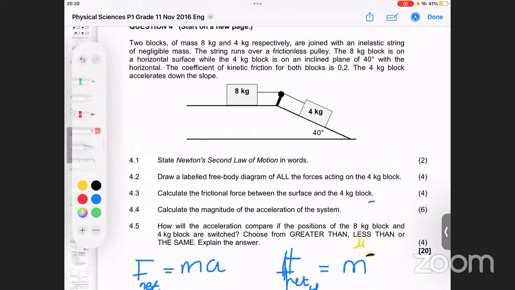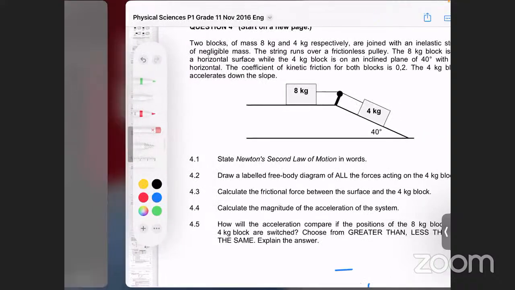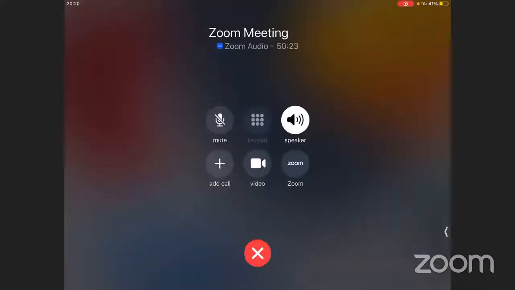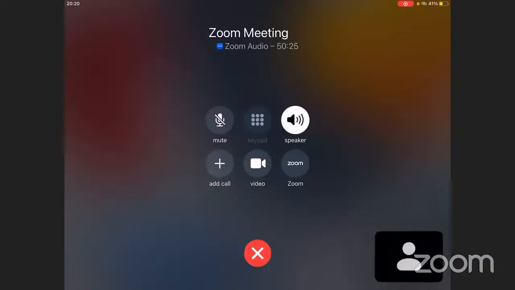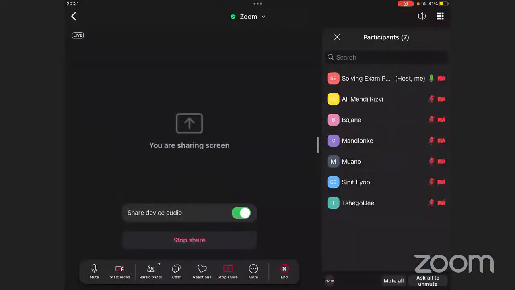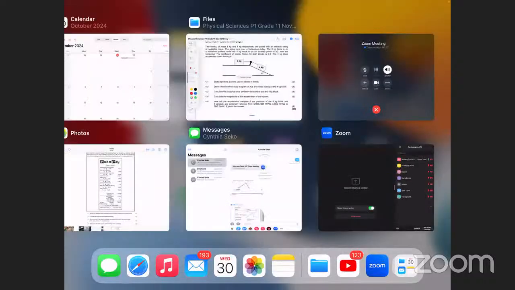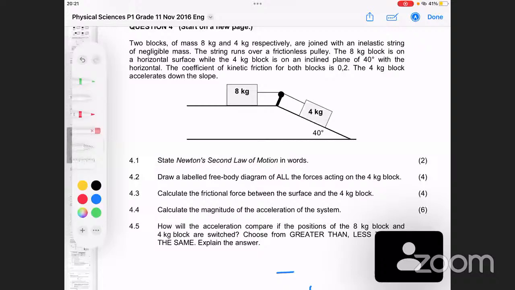Because Fg is equal to mg. Yes, the m increases, and that will lead to an increase in the force. Yes, that should be an acceptable reason, honorable members.